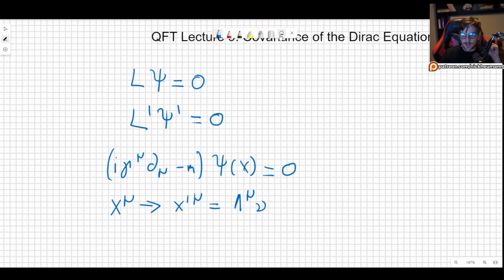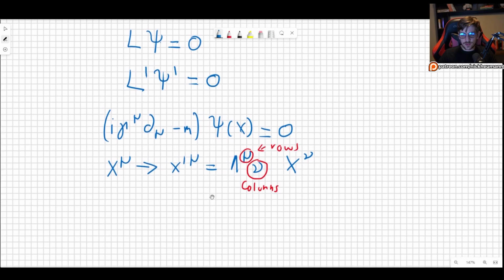The first one represents the rows, and the second one, it doesn't matter whether they are up or down or anything like that, represents columns. So that is by convention, okay? So just a quick reminder. And this is going to be multiplying x^nu, right? That way the nu's contract and you end up only with this mu index right there. So that is how the coordinates transform.